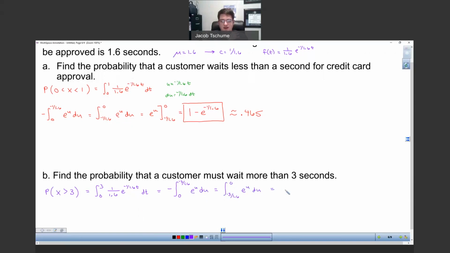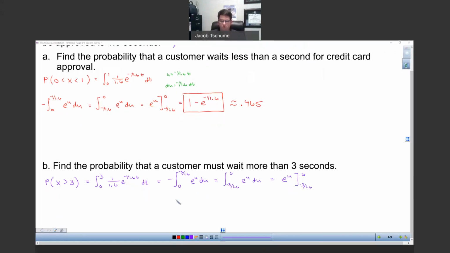So that integrates into e to the u, evaluated from negative 3 over 1.6 to 0, which will give me an answer of, let's see, e to the 0 is going to end up being, oh, sorry, why am I doing 0? I apologize, guys. I messed that up. I don't know why I did 0 to 3. I meant to do 3 to infinity.